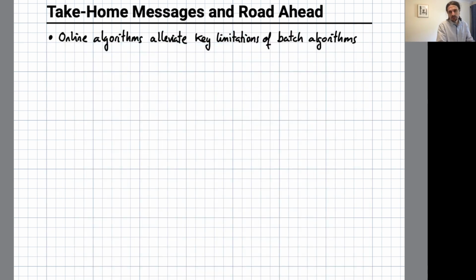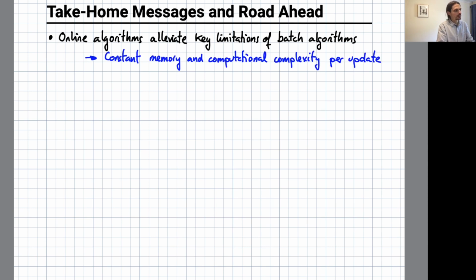Okay, so this brings us to the end. We started this lecture by recognizing the key limitations of batch algorithms, and that brought us to the concept of online algorithms. In online algorithms, the memory requirements don't grow with time, and so we just throw away past data.